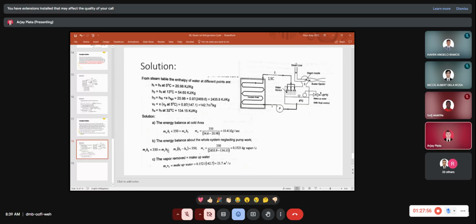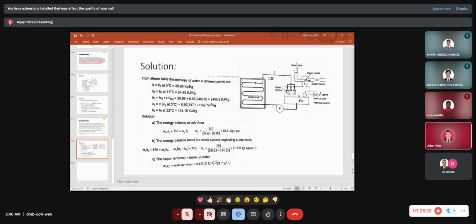So, that is the mass flow rate of the vapor that we required to cool the area. So, it's equivalent to 0.1521. And then this is also the amount of makeup water that is required.